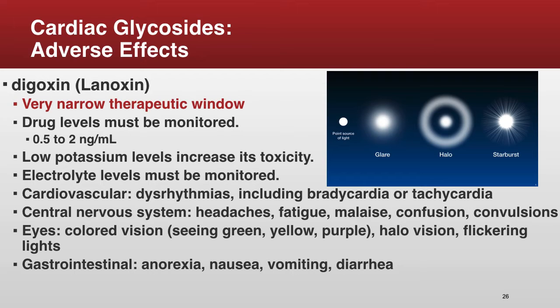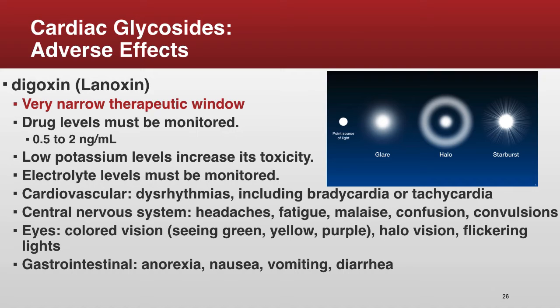In the eyes, the color vision, or the ability to see green, yellow, and purple, may be affected. They may get a halo vision. In other words, they'll see a halo around things. And they may see a flickering light effect. When they see that, that means it's at a toxic level.